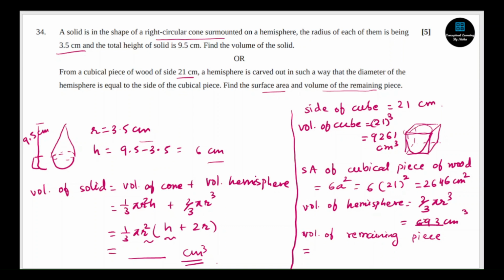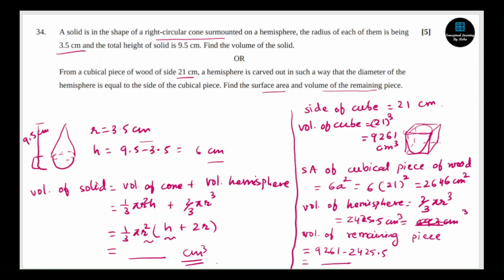You will get this as 2425.5 centimeter cube. So the remaining piece is 9261 minus 2425.5, and when you simplify this you will get your final answer. Okay, so write the final answer in the comment box.